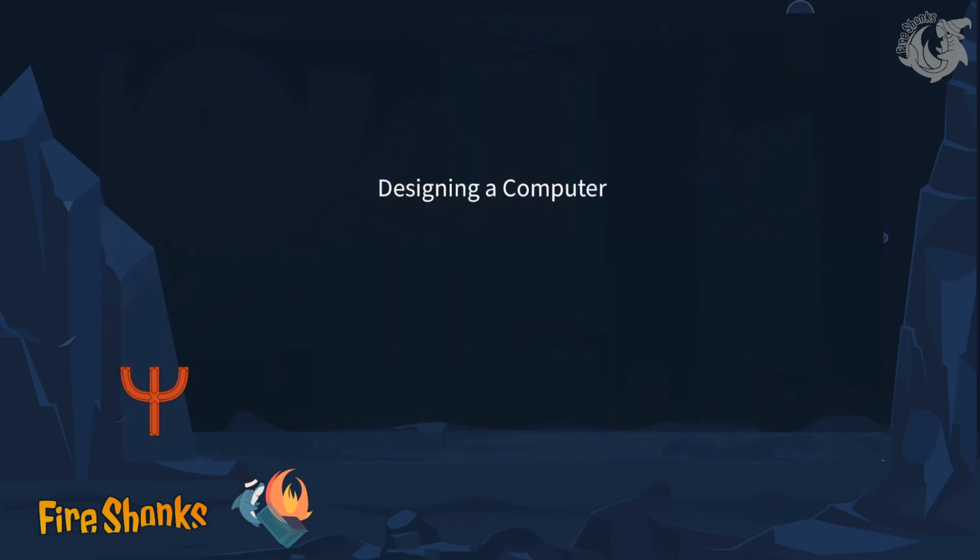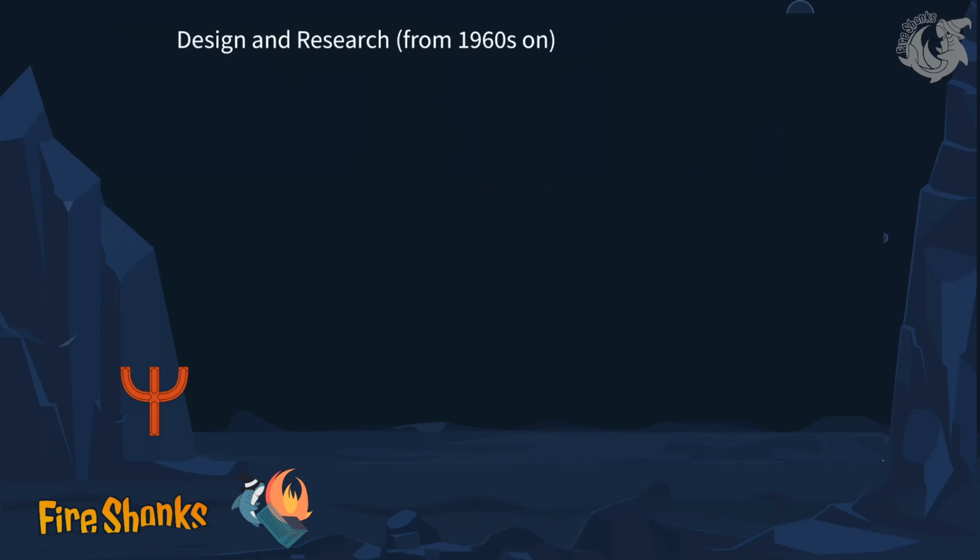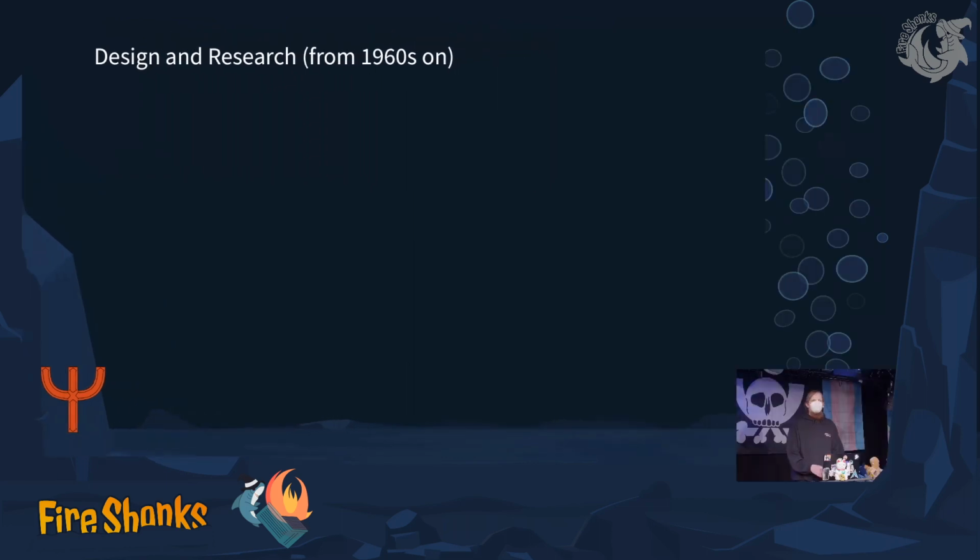So, design. Designing a computer is not something you do just like that. There's a lot of inventions that humans have achieved, and they all took time. And the term design is relatively new. In the 1960s, the term design was for the first time introduced into computing.